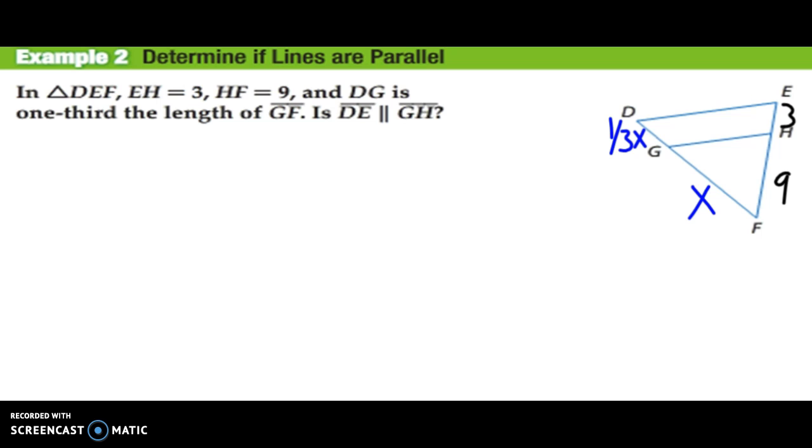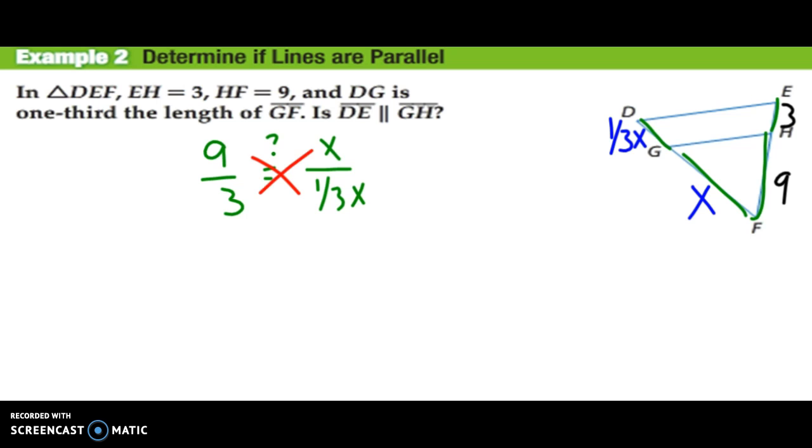So what we can do is we can set up a proportion. We can say, well, 9 over 3, so I'm going to do long side over short side, is maybe proportional, put a question mark, to X over 1/3 X. Alright? So now to test this, we're just going to solve the proportion. 9 times 1/3 X and 3 times X. Well, the easy one, 3 times X, is just 3X.